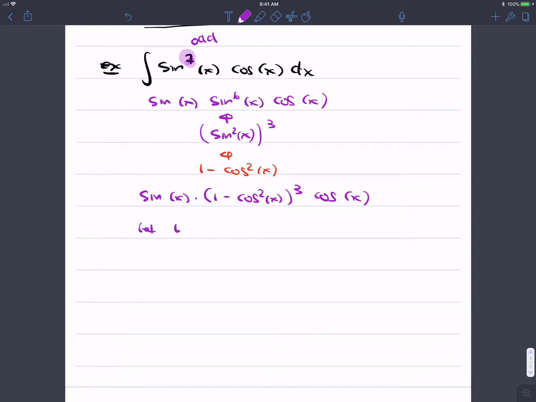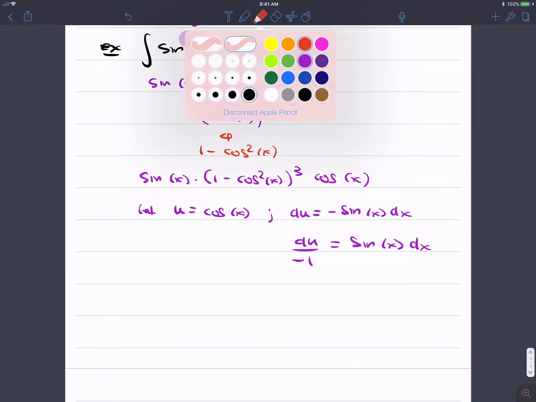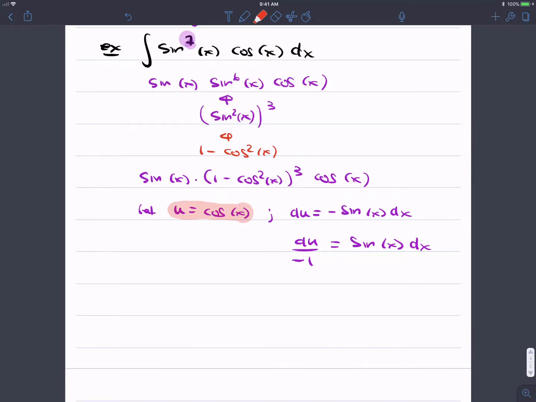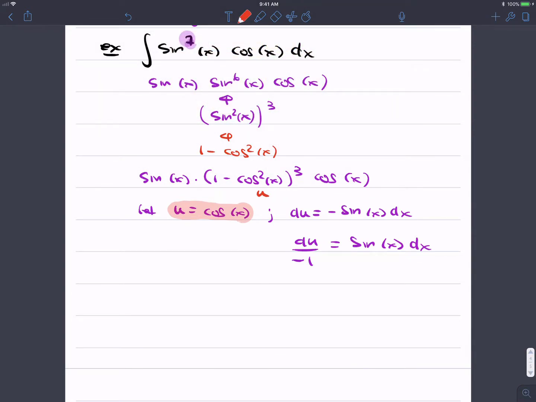Again, we're going to let u be cosine. And if u is cosine, du is minus sine x dx, or du over negative 1 is sine x dx. So, u being cosine, we replace the cosine with a nice u. We get sine x times 1 minus u squared cubed times u.